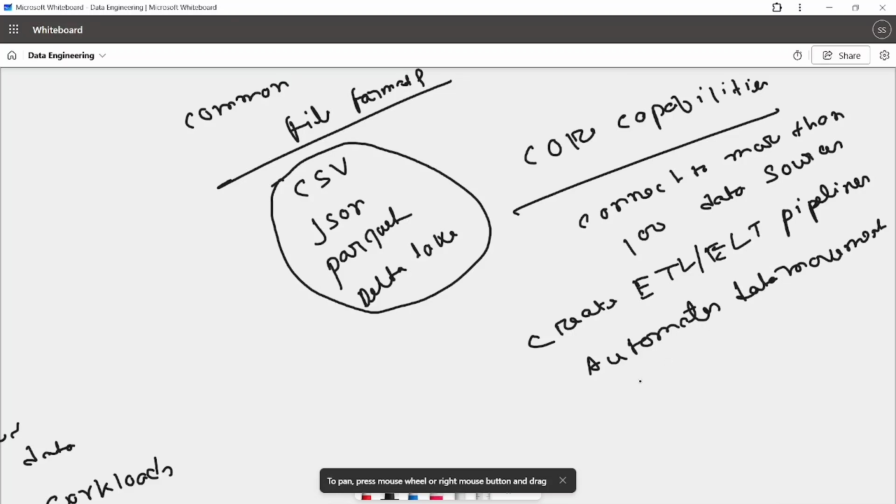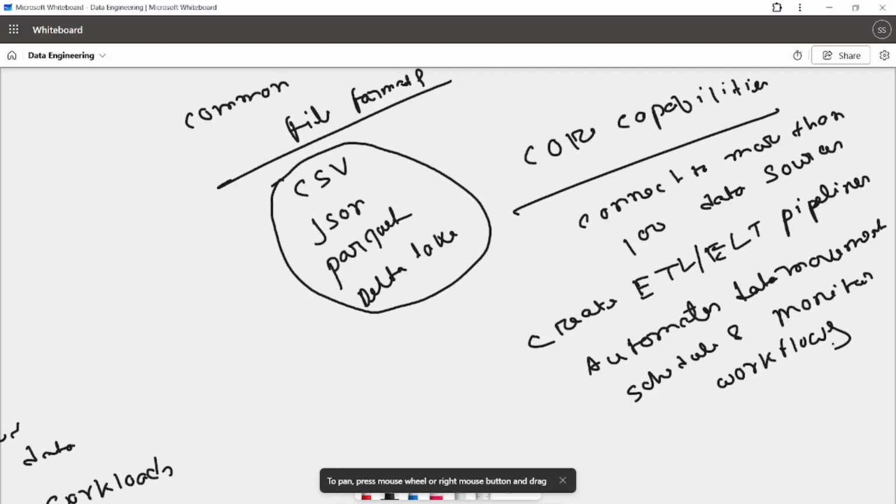Okay, and next is schedule and monitor workflows. Okay, schedule and monitor workflows. So typical data sources like SQL Server, Oracle, SAP, Azure Storage, Amazon S3, REST APIs.